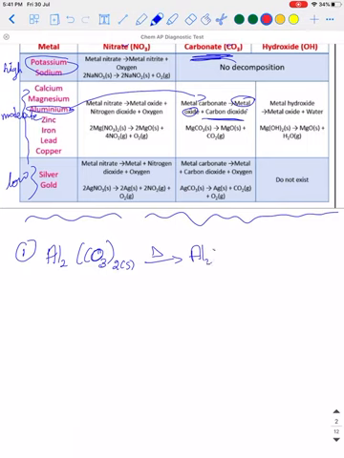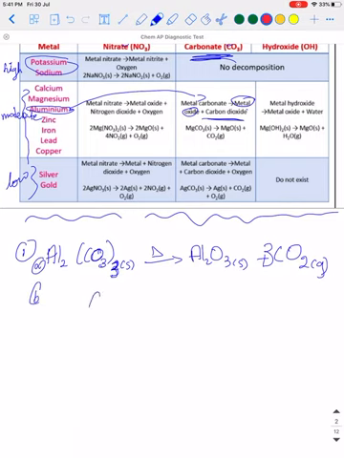The metal is aluminium, so aluminium oxide plus carbon dioxide. Definitely it needs balancing. Aluminium, so this is 3 because the aluminium is 3 plus. Here 3 carbon, so this is 3 carbon. Let us check the balancing: 2 aluminium, 3 carbon, 6, 9. The equation is balanced like this.